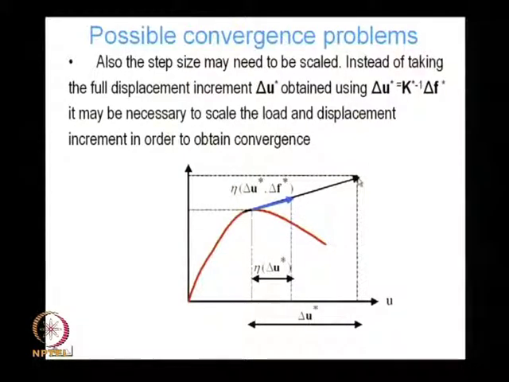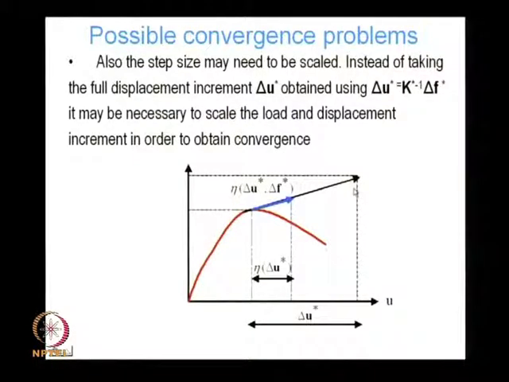For this delta u star, I try to find my internal force, but there is actually no internal force at all, because my load displacement curve only goes up till here. So, I am not going to get anywhere.